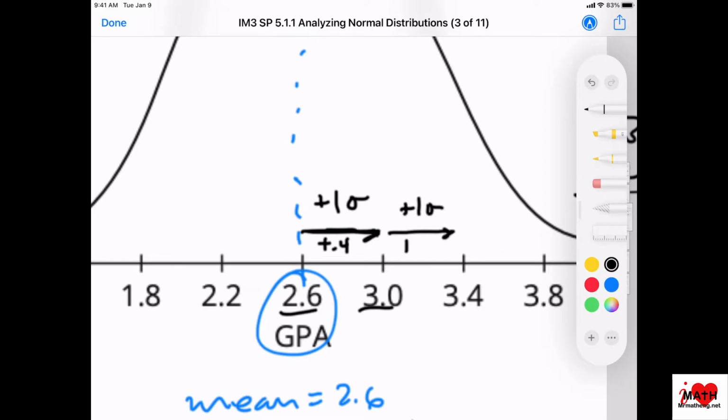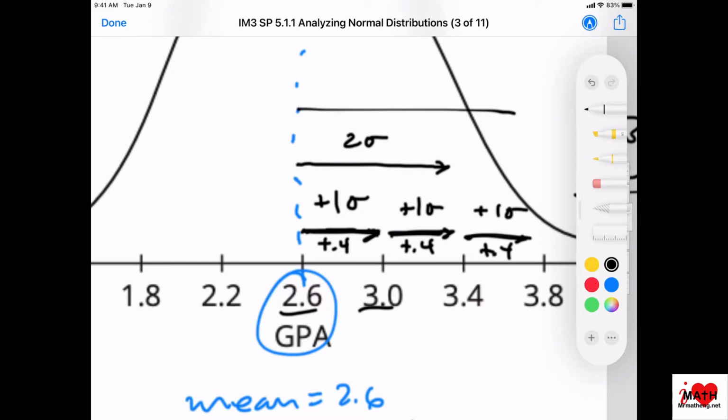This is 0.4. Okay, so in some ways from the center or the mean, this would be 2 standard deviations. Okay, if you added another one, you just count them up. There's 1, 2, 3 standard deviations, right? From 2.6, you add 0.4, you get 3. Add 0.4, you get 3.4. That's 3 of them, right? 1, 2, 3.